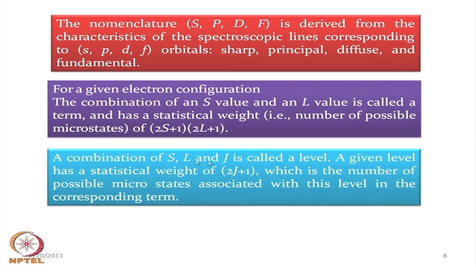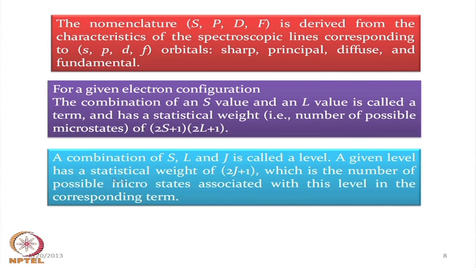So, a combination of S, L and J is called a level. What type of combination are we looking for? When we have the value for S and the value for L, we call it a term, but when we label it with the corresponding J value, because J can have different values depending upon a single value of L and S, we get the level.